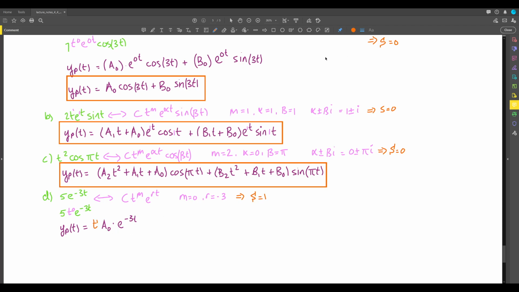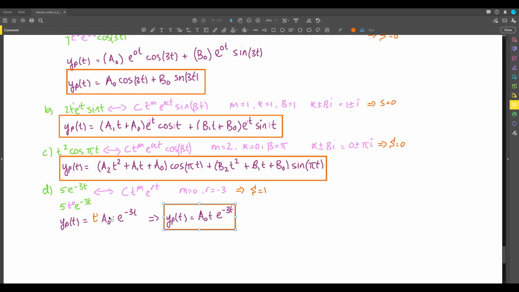And of course, that can be simplified to just yp of t equals a naught t e to the power negative 3t. And that's our final answer to part D.